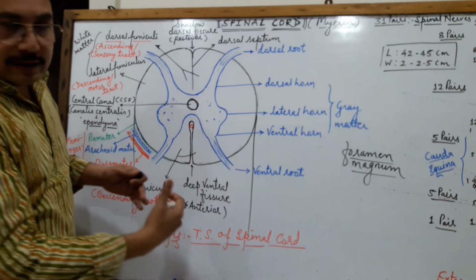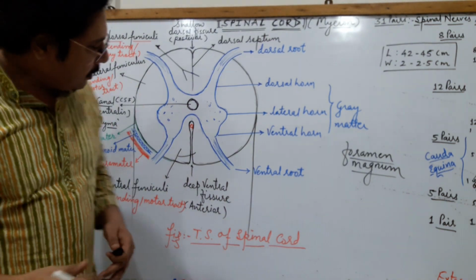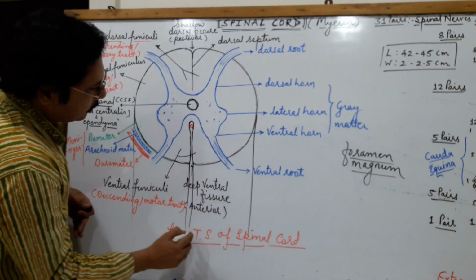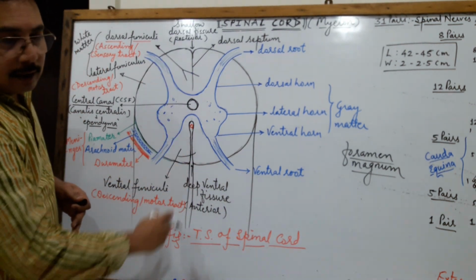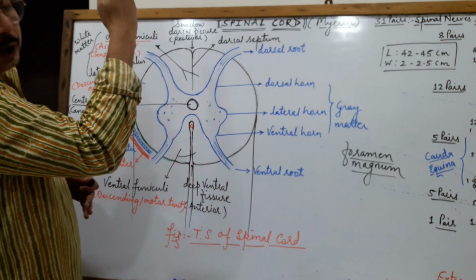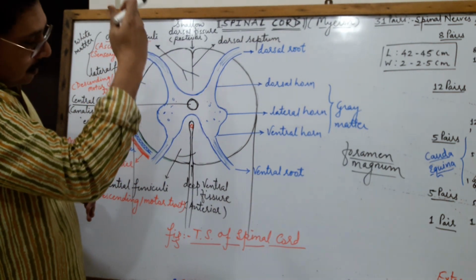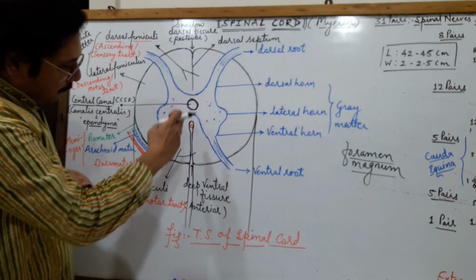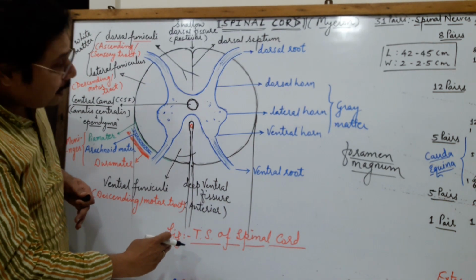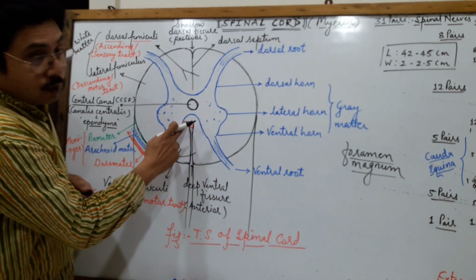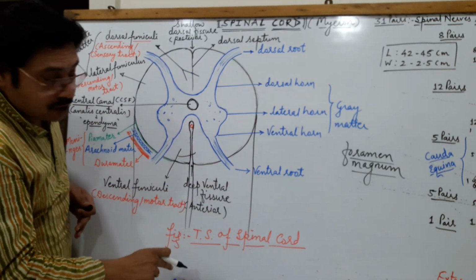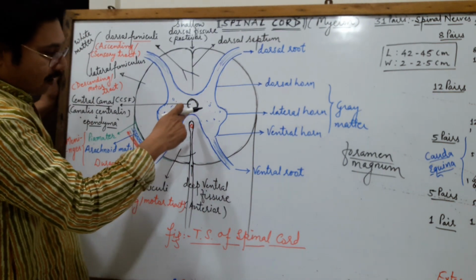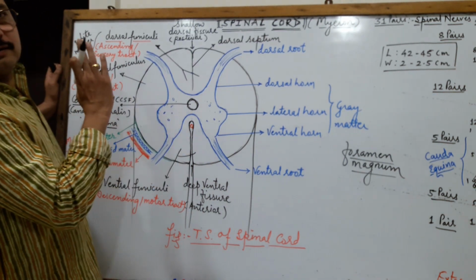Here, at the ventral side of the body, it shows a deep groove running right from the medulla oblongata up to the terminal part of the spinal cord. Such a deep groove on the ventral side is actually a passage provided for the blood vessel which runs along the length of the spinal cord. So through this deep ventral fissure runs the blood vessel.